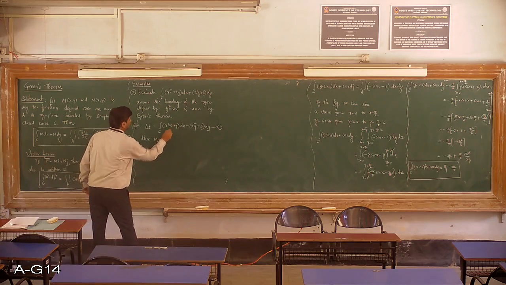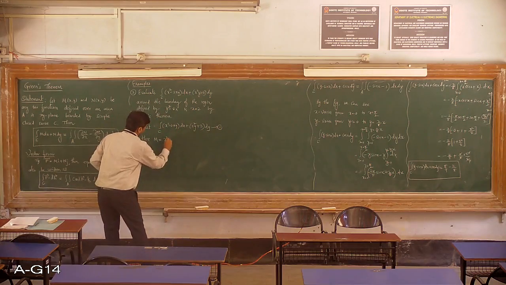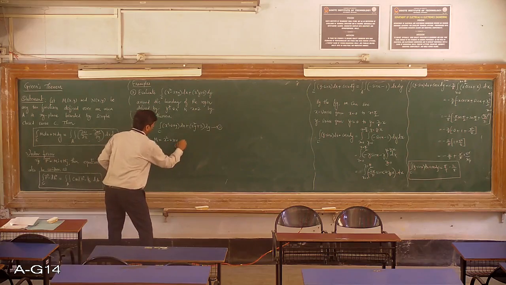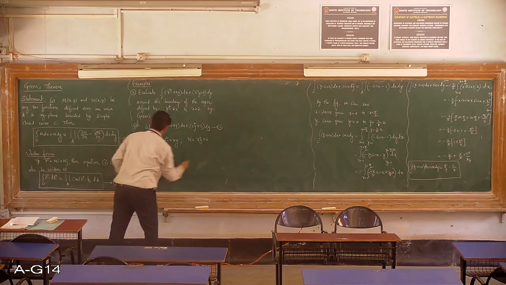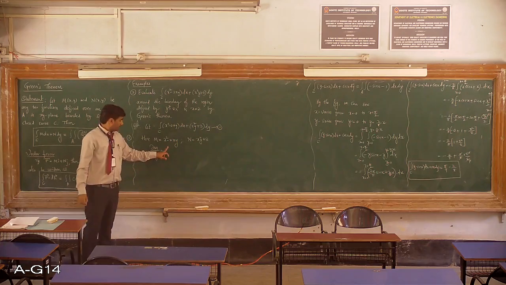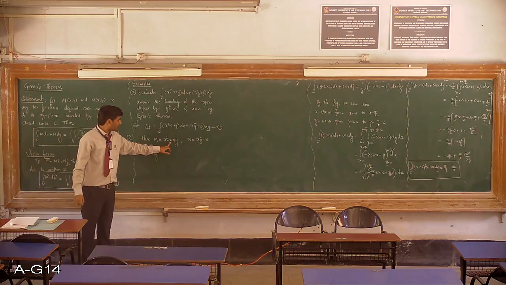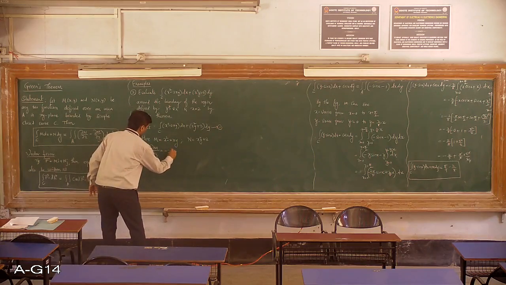One can very easily understand, M dx plus N dy. So therefore M is x square minus 2xy and N is x square y plus 3. Then what is dou M by dou y? With respect to y we have to differentiate this. X square is 0, minus 2x will be constant. With respect to y, if you do, then here you will get minus 2x.